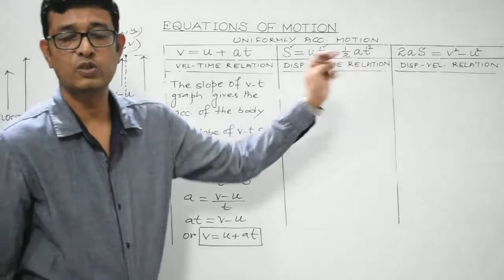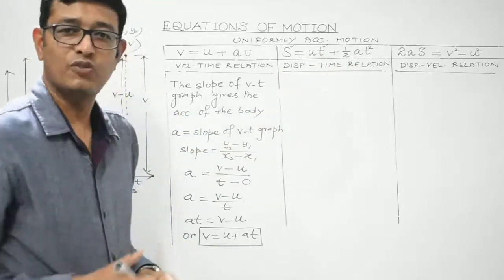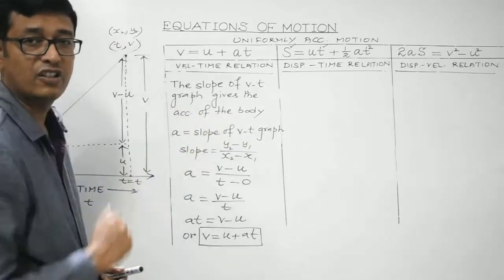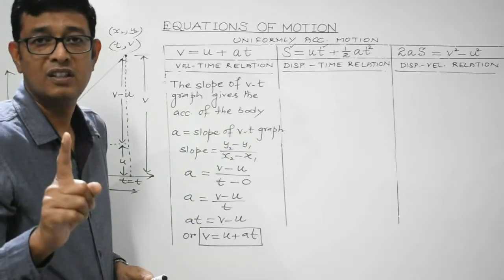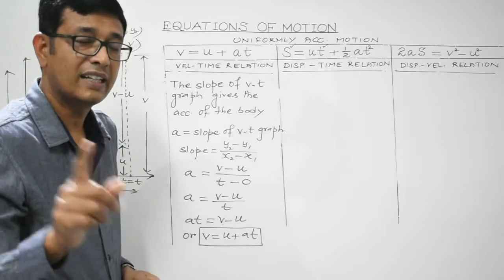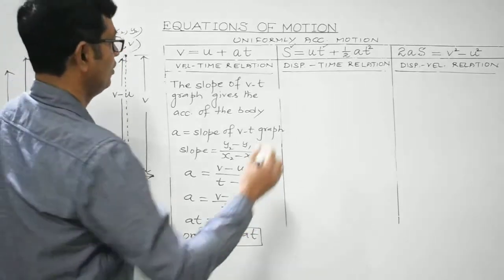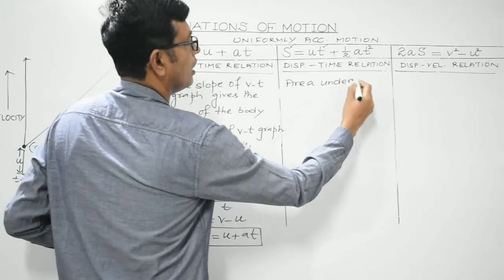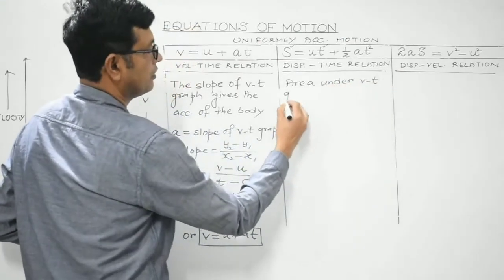Okay, let's prove this one. I have told you two important things about the velocity time graph. One is that the slope of the VT graph gives us acceleration. The second one is that the area under the VT graph gives the displacement covered by the body. So the second important point is the area under the VT graph.